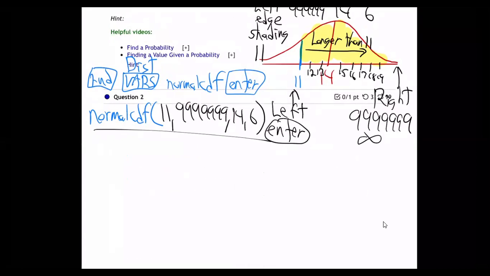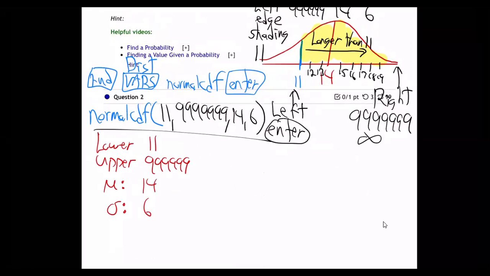When you go to Normalcdf, it asks for lower, upper, and then mu and sigma. The lower would be 11, the upper would be a bunch of 9s, and then the 14 and the 6.